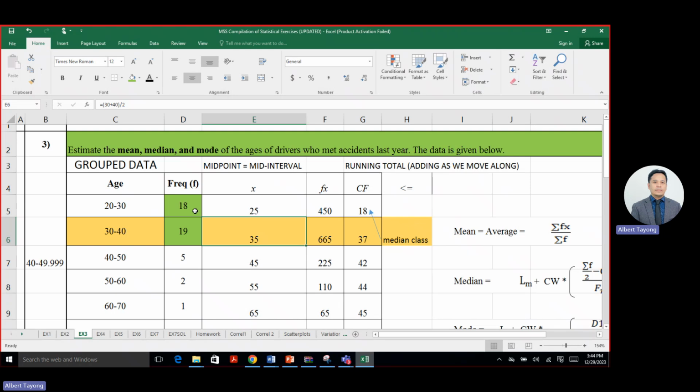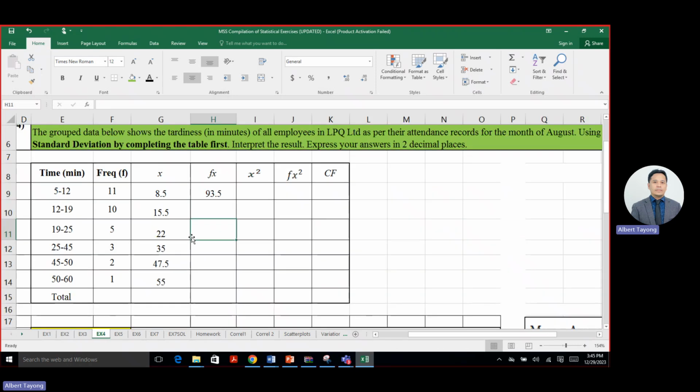So this is with frequency 18 and 19. Two highest frequencies in this data. Here, 8.5 means the midpoint between 5 and 12. And 15.5 is the midpoint between 12 and 19. Already it is calculated. So we just have to get the fx equals the frequency, multiply the x, and drag it down.